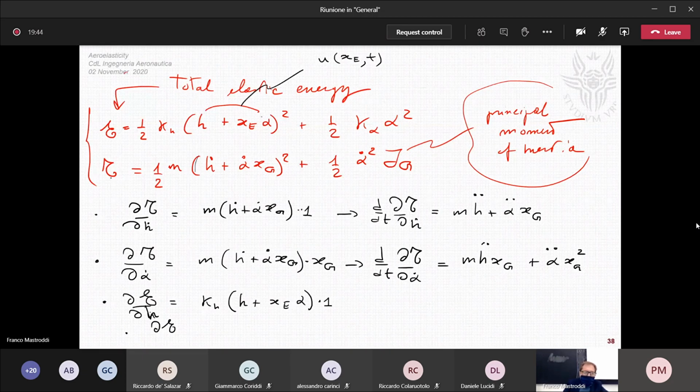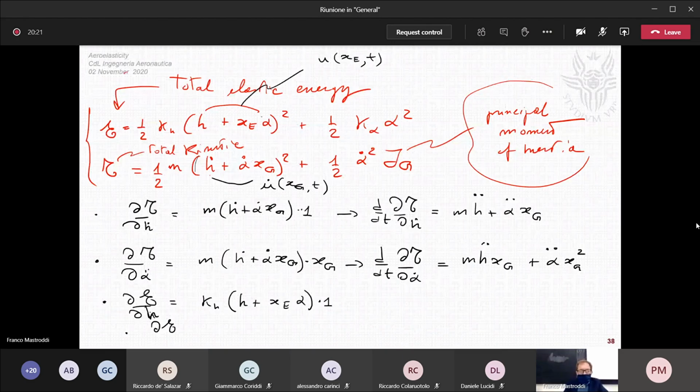For the total kinetic energy, this is the kinetic energy, total kinetic. And here we have h dot plus alpha dot xg, because again this part here is u dot in xg, so the velocity of the center of mass.